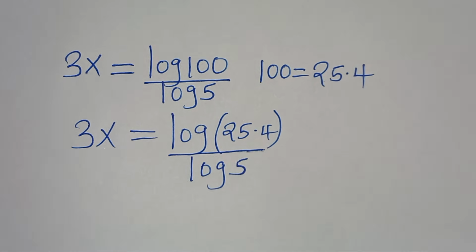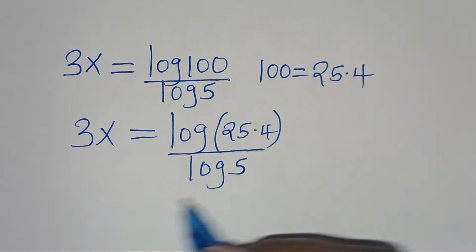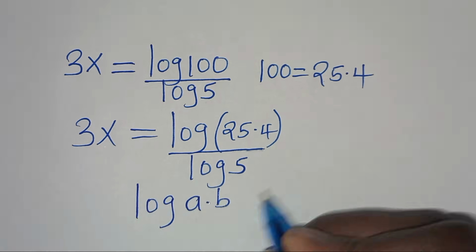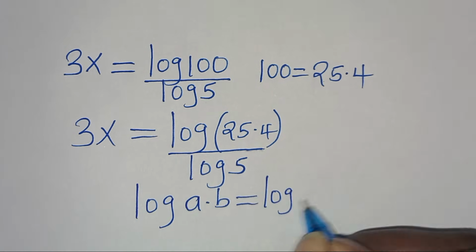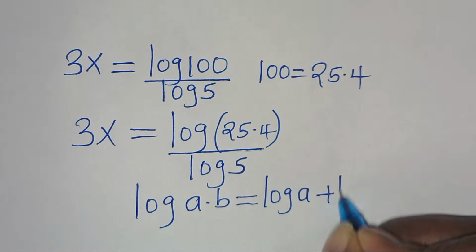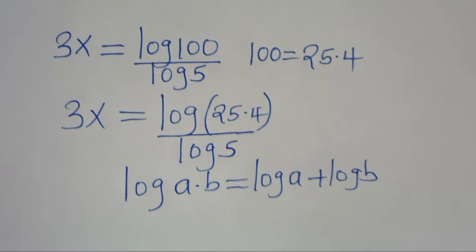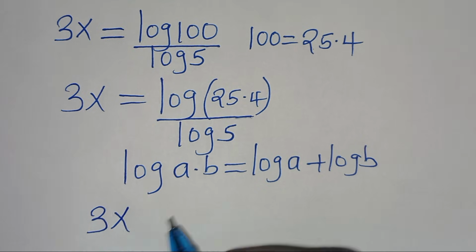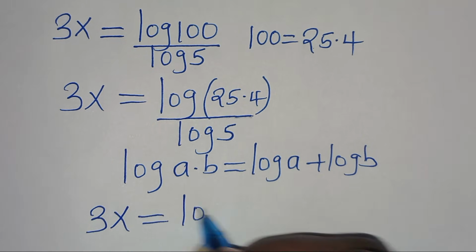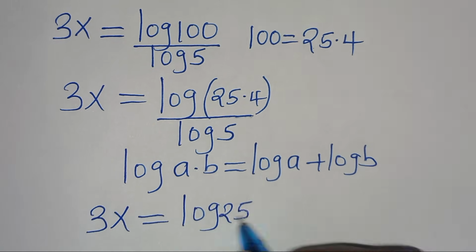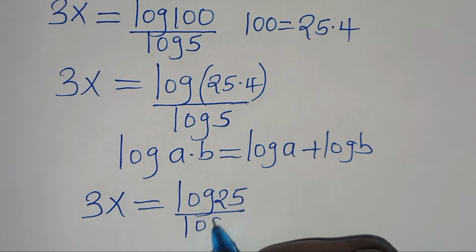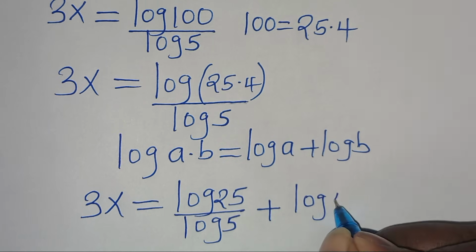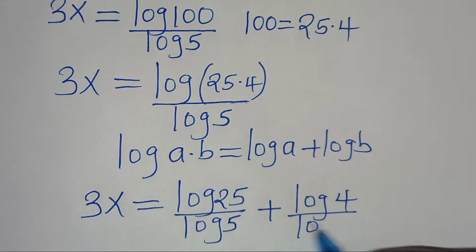Now, you find that log 25 times 4 is in the form of log a multiplied by b, which we can express as log a plus log b. Applying this logarithm property, then this means that we have 3x. This is equal to log 25 divided by log 5, then plus log 4 divided by log 5.